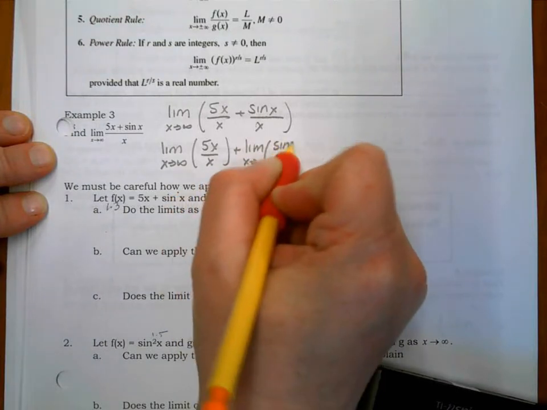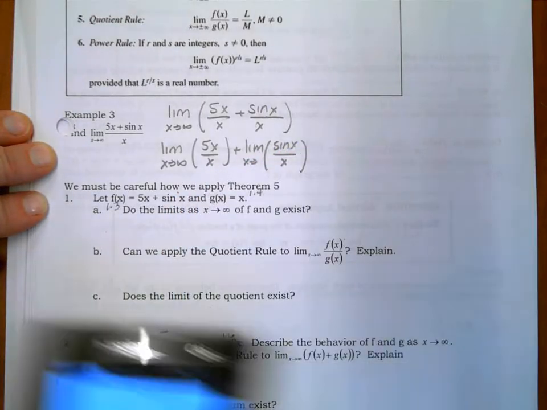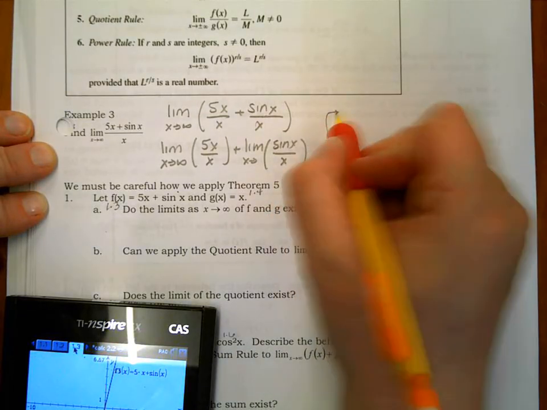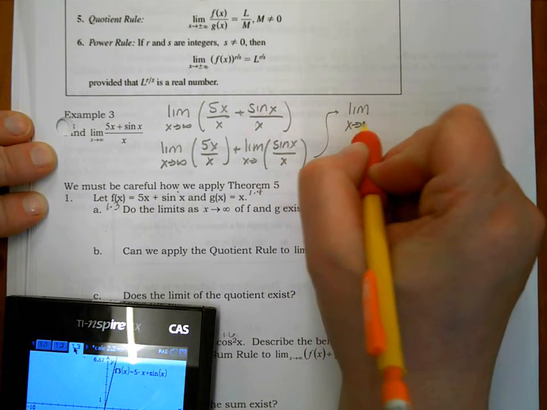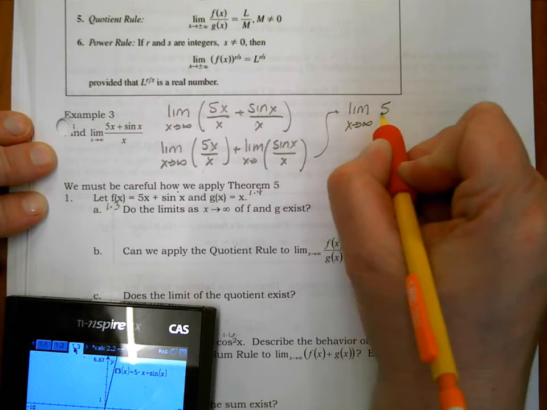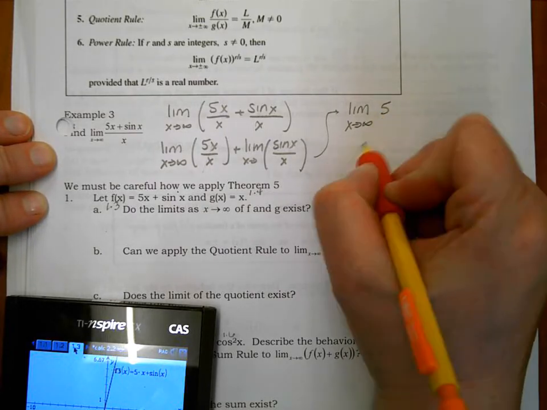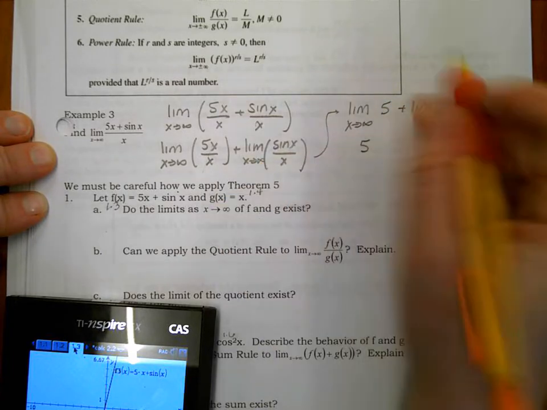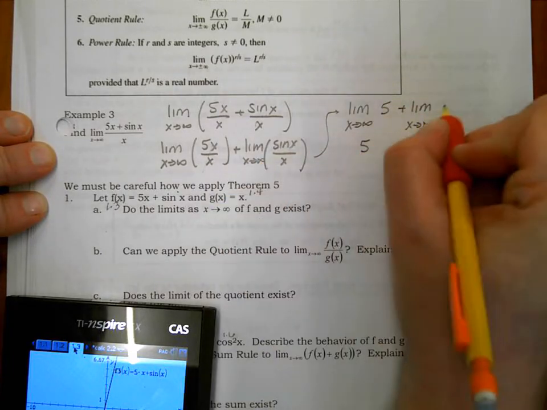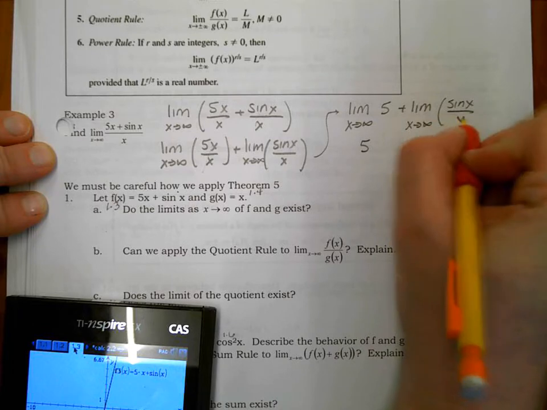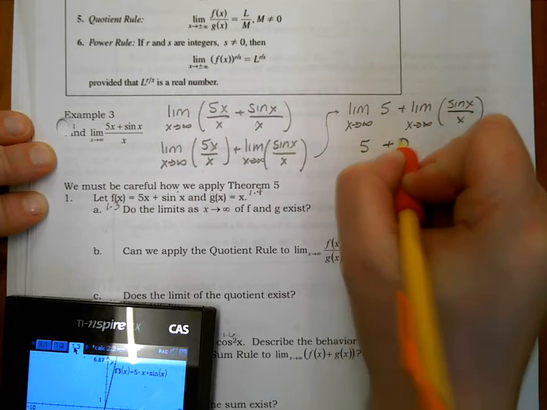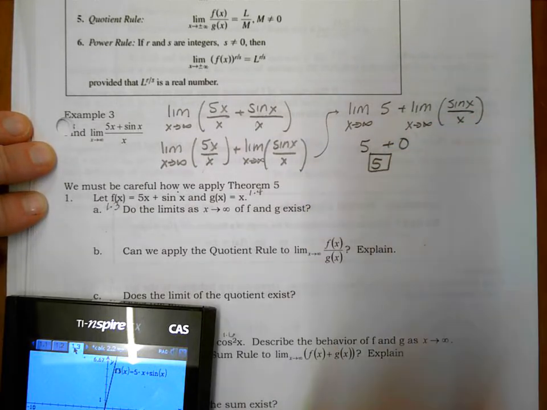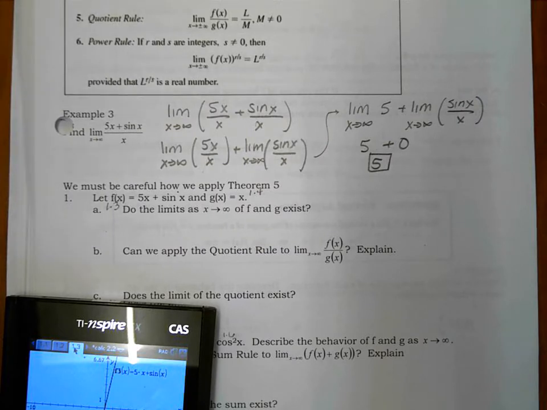We did a little bit of this in section 2.1. So then this becomes the limit as x approaches infinity of 5, which simplifies to just 5, because the limit of a constant is just the constant, plus the limit as x approaches infinity of sine of x over x. We just talked about that one and said that that was 0. And so we get the limit as 5. So using the properties, we get the limit of 5.